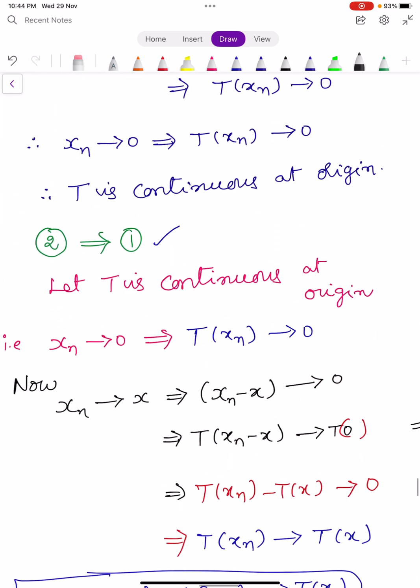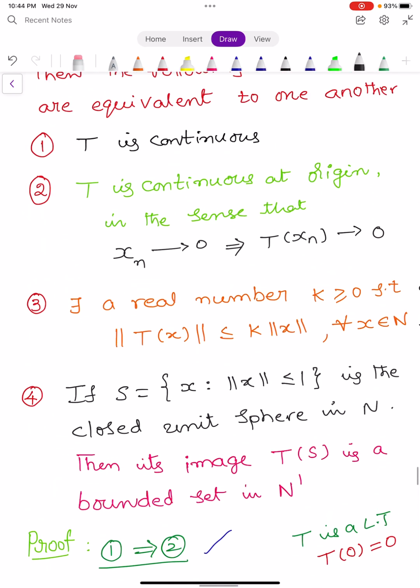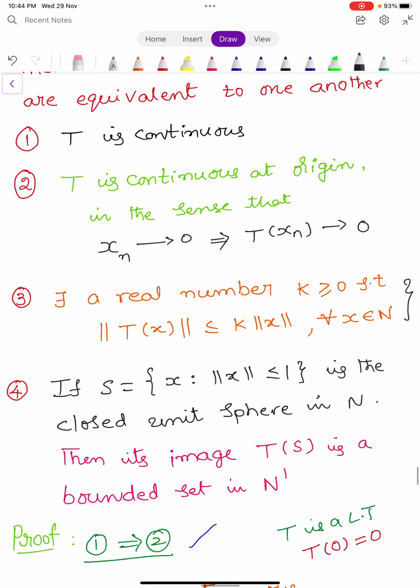From all these three conditions, we conclude that all these four properties are equivalent to one another.